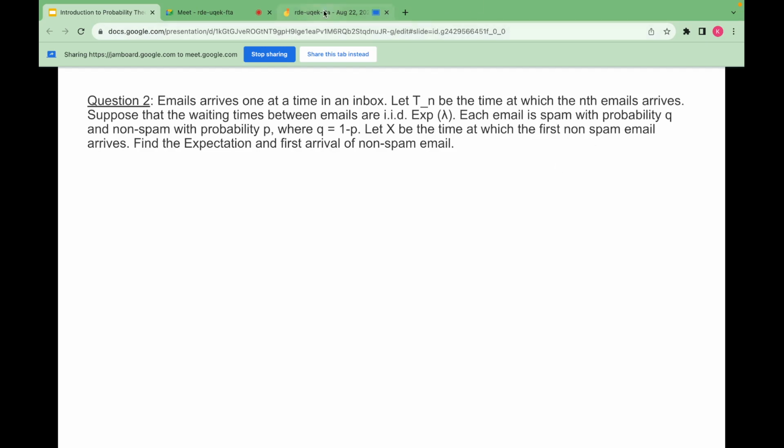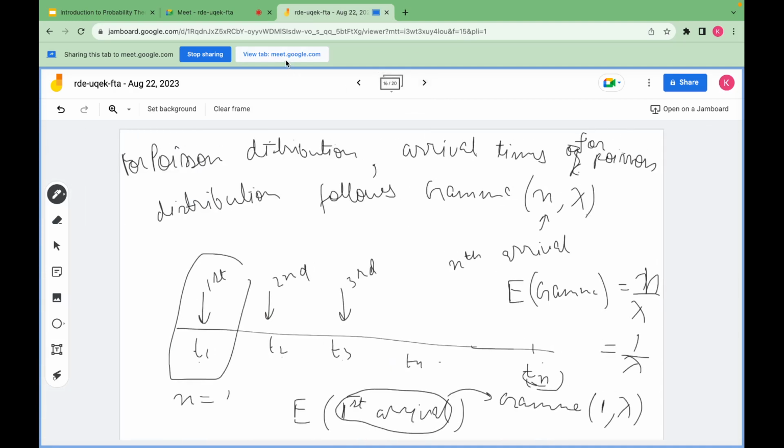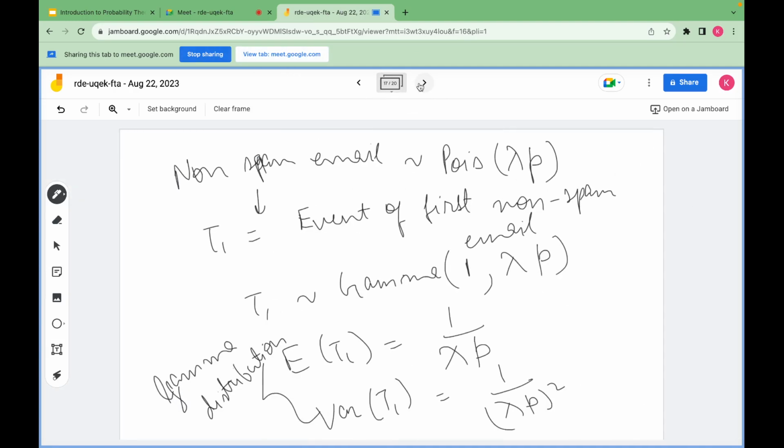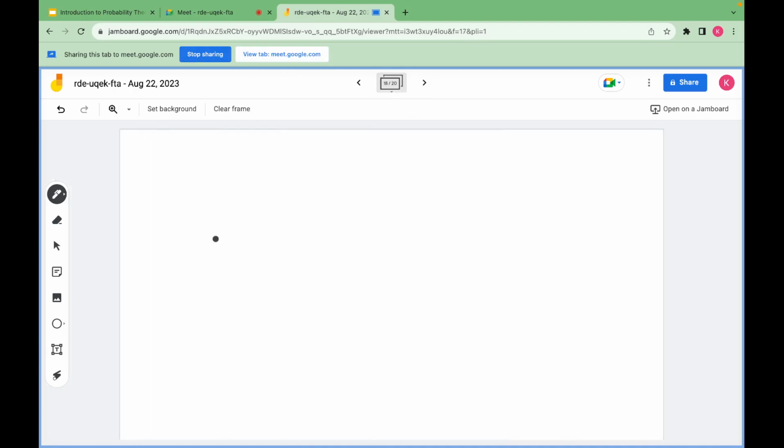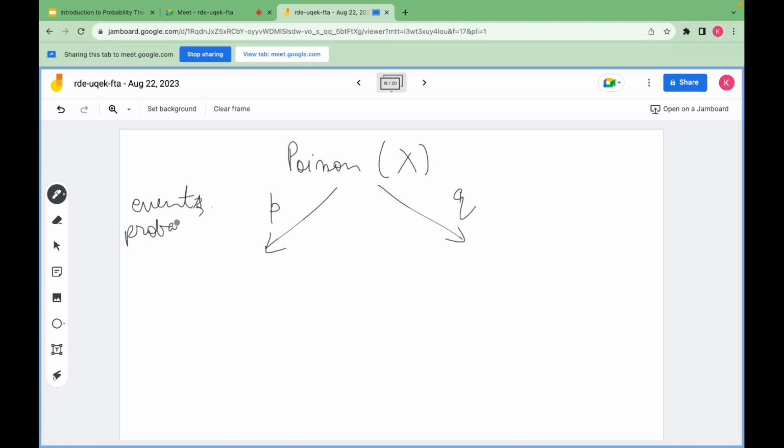Okay, so we have a Poisson distribution with parameter lambda. Now we can split this Poisson distribution into two other Poisson distributions depending on the event probabilities.